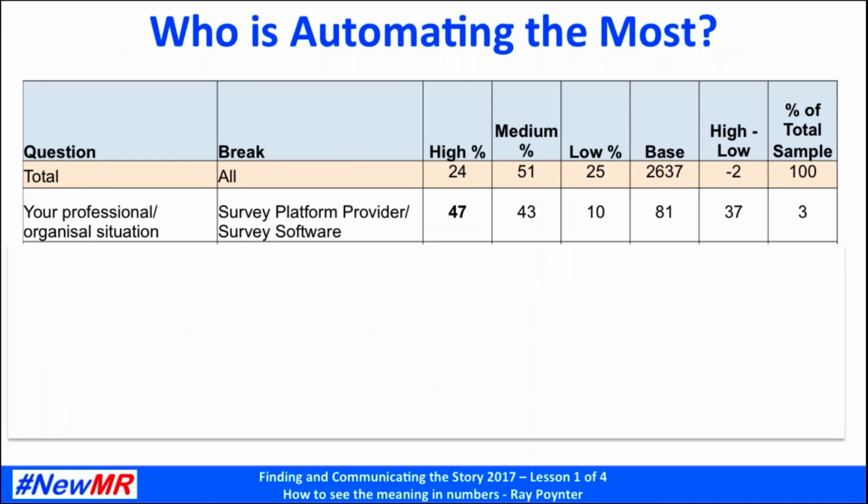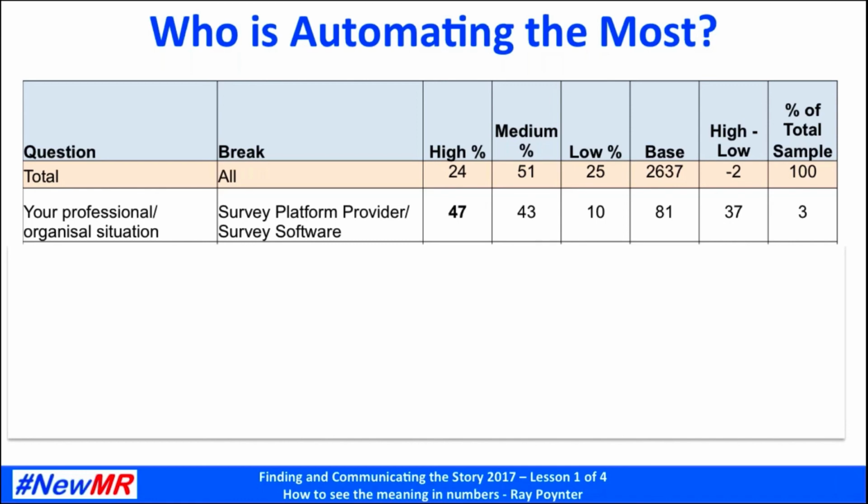So I've got high, medium, and low percentage. I've got the base, how many people were in that study. So 2,367 are in the total. 24% are in the high column, 25% are in the low column. Because you have to pick an integer to split them, it doesn't come out as exactly 25%, 25%. I then looked at everything that came out of the tables and said, what was the biggest number?